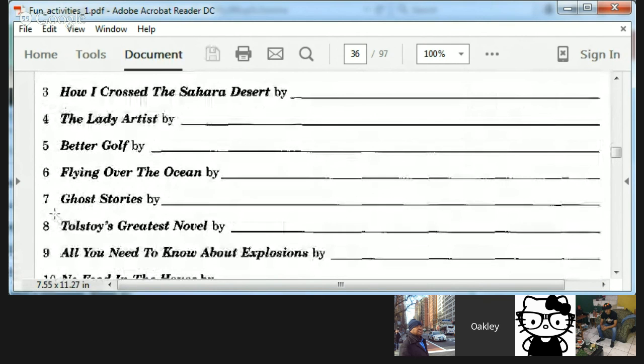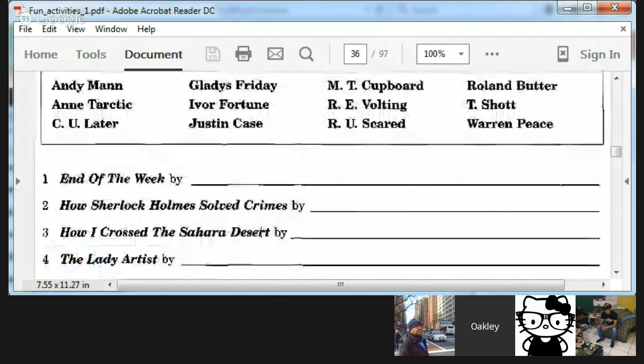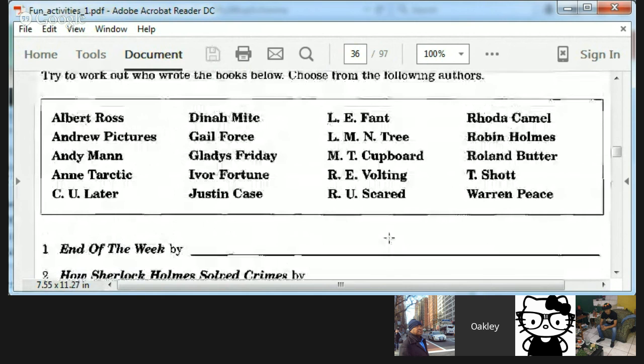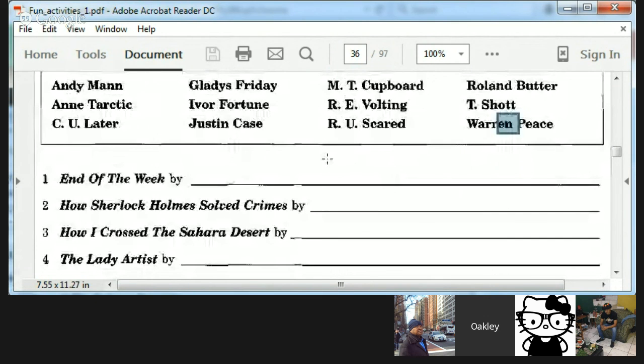Okay, Heidi. Tolstoy, the greatest novel by... You have to know a Tolstoy novel. Tolstoy's very good. You got it. War and Peace. All right, because it sounds like War and Peace again. The reduced form of and comes into play. War and Peace. That's it.